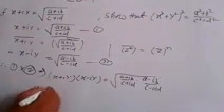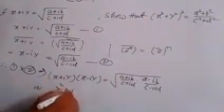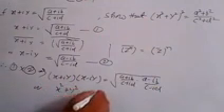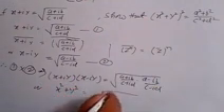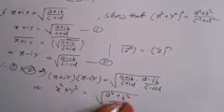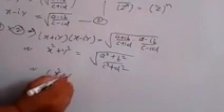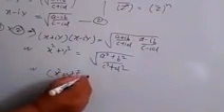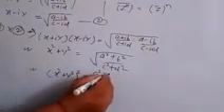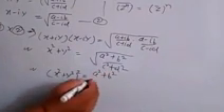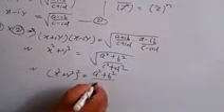So taking the product, you have x square plus y square, and within the root you have a square plus b square upon c square plus d square. Now if you square both sides, you have x square plus y square whole square is equal to a square plus b square divided by c square plus d square.